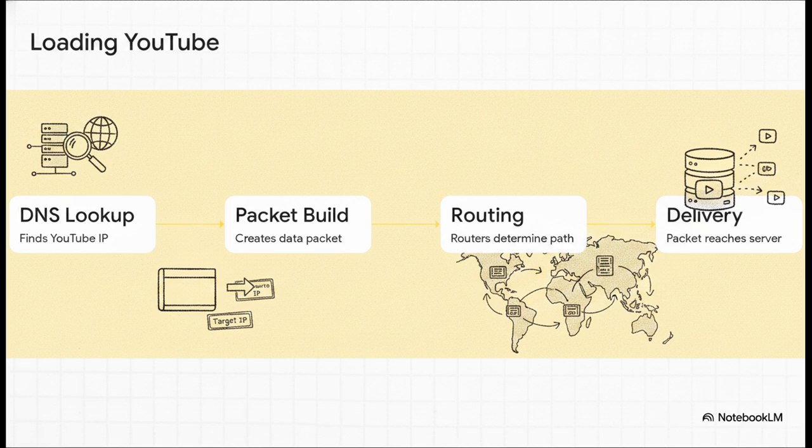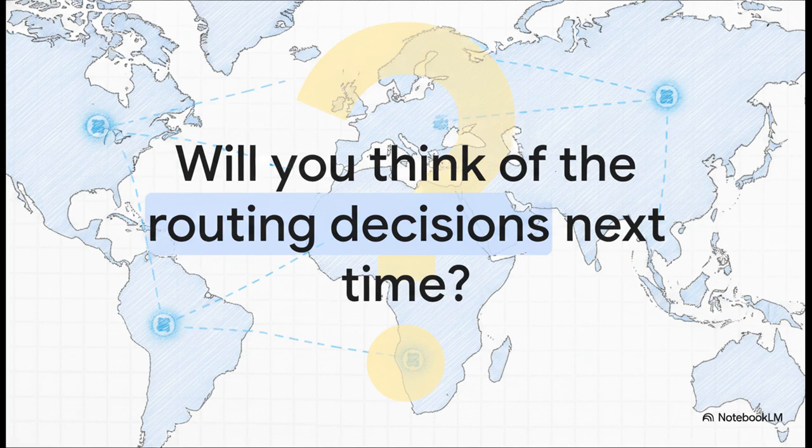Third, that packet is sent to your default gateway, and routers all over the world read that target IP to instantly determine the fastest path. Finally, Step 4. The packet navigates through ISP networks and massive international hubs until it successfully reaches the YouTube server, which then starts rapidly sending the video packets right back to you. It is truly a marvel of modern engineering, and it happens entirely behind the scenes, every single day.